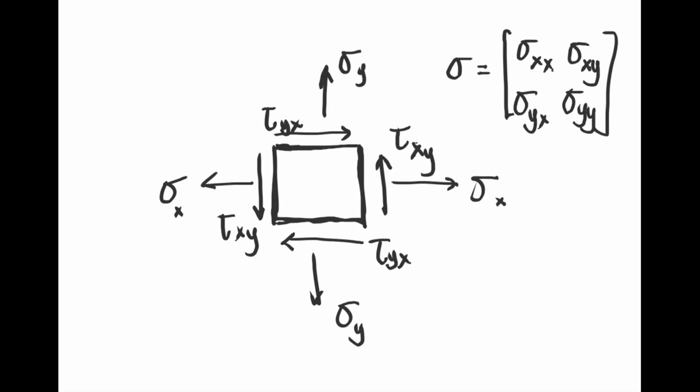Okay? So what does this say? Sorry, dapat tau pala. Let's put it in here. So ganyan lang ang tsura niya, no? Tau xy. And because the tensor is symmetric, or the matrix is symmetric, this is equal to this. So we say that tau xy is equal to tau yx. Why is that? We need to satisfy equilibrium.